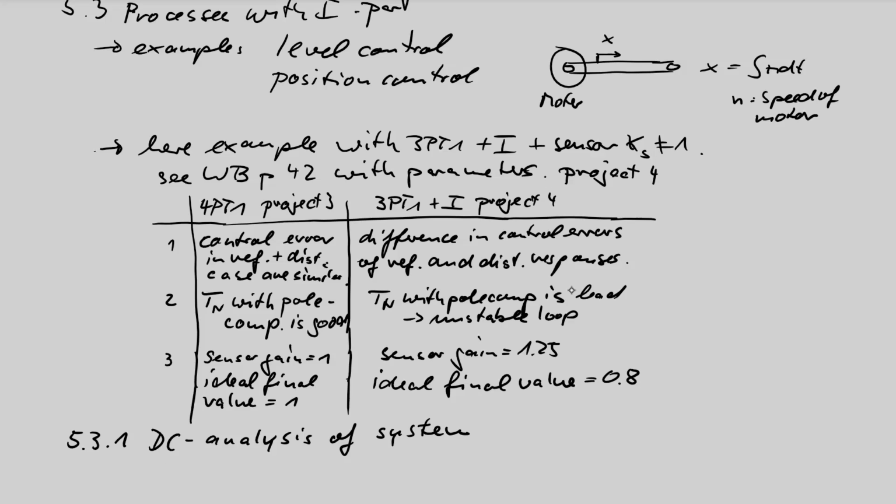So first you have to learn how to analyze a system in a DC case, and we use this DC analysis to check the control error here of the project number 4 in different cases if the reference input is not 0 and the disturbance inputs are not 0.